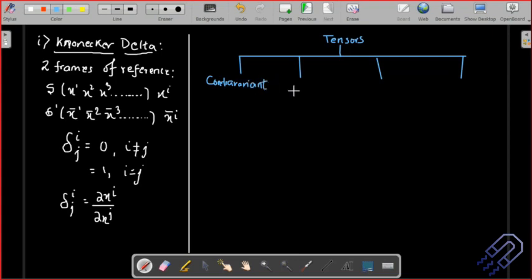The second is, you might have guessed, covariant tensor. There are certain properties which you also need to study. Then there is the mixed tensor. You can understand this also. I'll come to that later. Let me write down all these four first. Invariant.